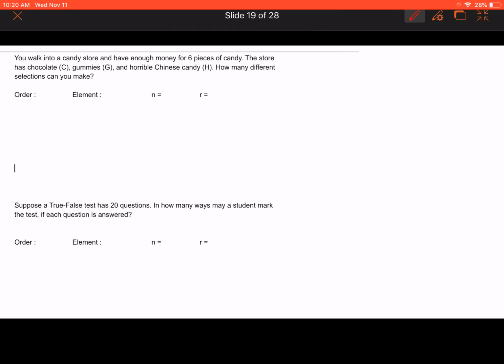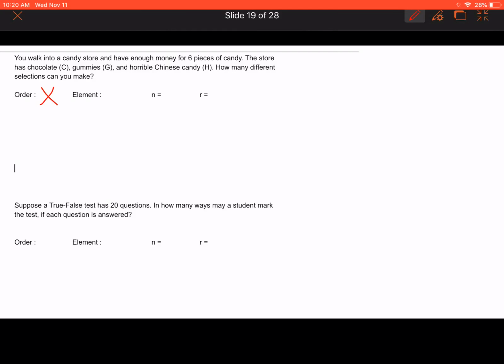So first we have to determine whether the order matters or not. Of the 3 types of candies, we are going to pick 6 candies, where the order of picking the type of candy doesn't matter, and whether the elements are repetitive.